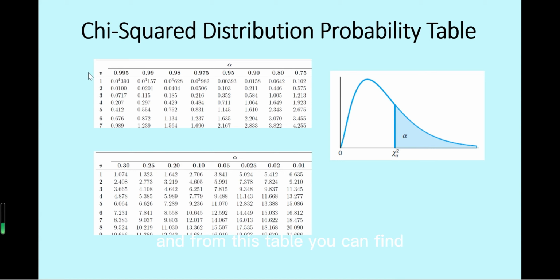From this table you can find degrees of freedom in the left column, alpha as the shaded area, and the chi-square value. For example, for degrees of freedom 5, the value 7.289 gives 0.20 for alpha. So this shaded area probability is 0.2.